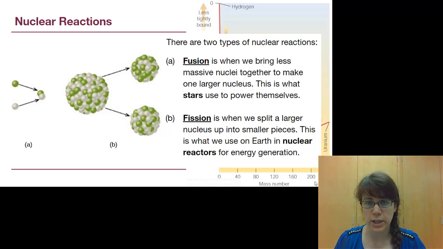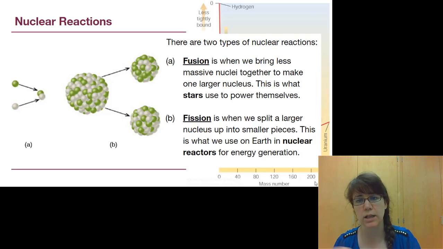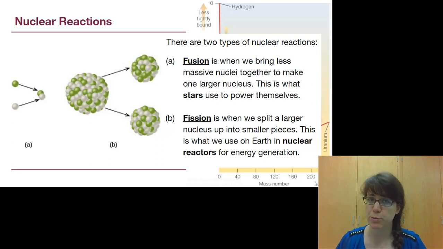Now, fusion is when we take two smaller particles and bring them together to make one bigger particle. So at the end, we have a slightly larger nucleus. This is what stars are going to be using to power themselves. And it's also what the hydrogen bomb or the H-bomb used for a short amount of energy generation.